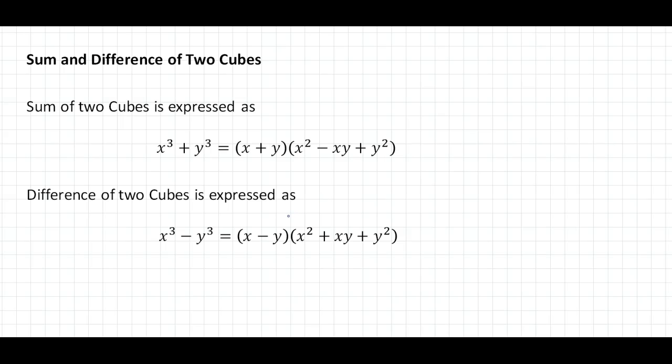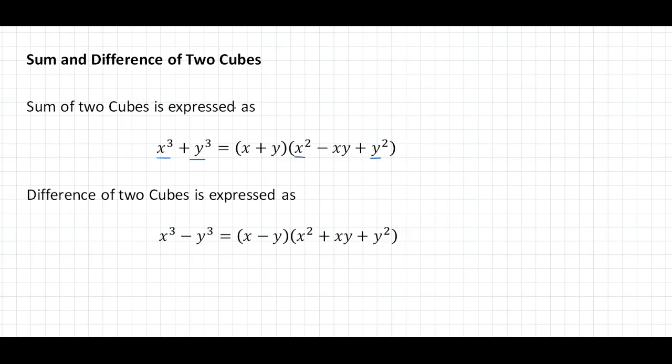Now for the sum and difference of two cubes, let's focus on the sum first. When you have the sum of two cubes, it's going to be x plus y multiplied by x squared minus xy plus y squared. And then for x cubed minus y cubed, you have x minus y, x squared plus xy plus y squared.